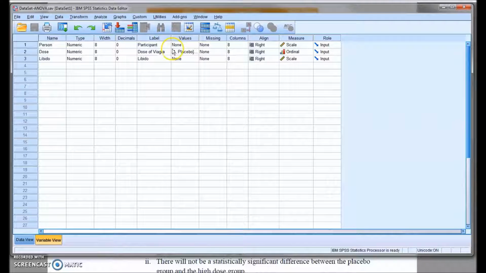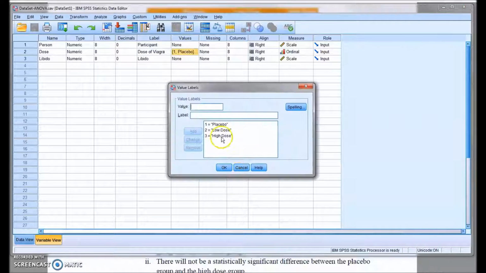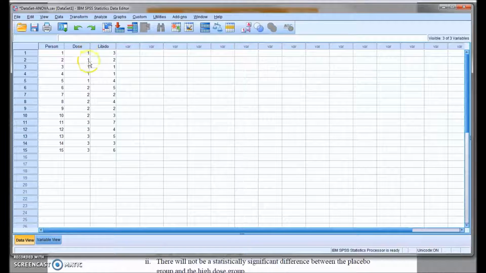If I show you my variable view, you will see that 1 means they got the placebo, 2 means they got the low dose, and 3 means they got the high dose. And here is their libido.